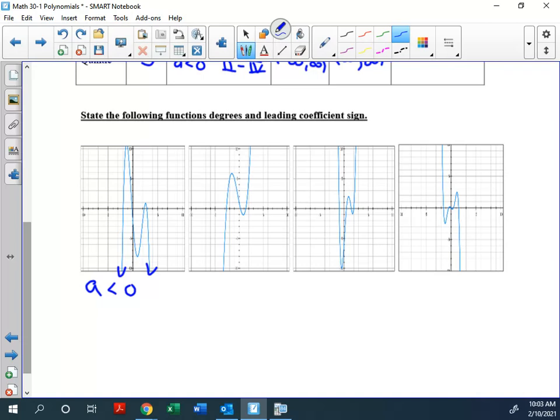Now, their degree. Well, I know this has to be even, so let's count the directions. 1, 2, 3, 4. So does that make sense that that would be a degree 4 with a negative leading coefficient?